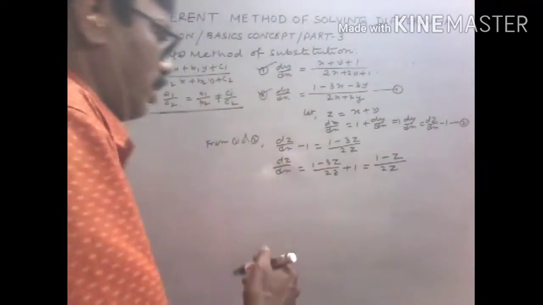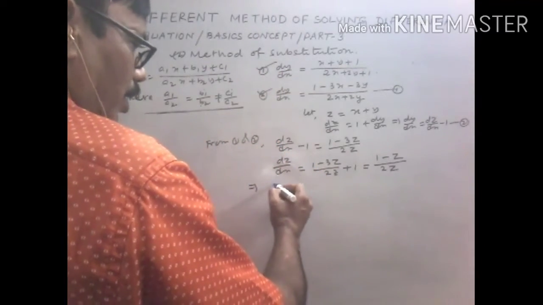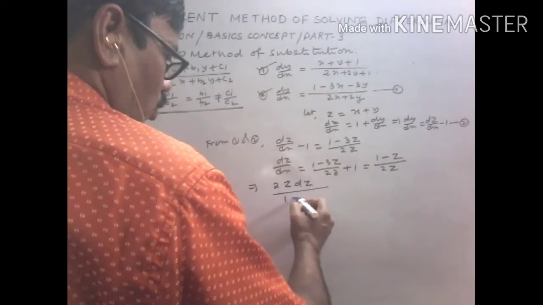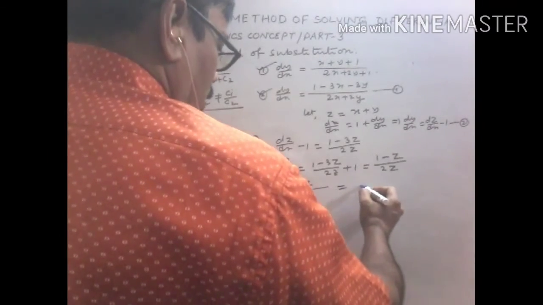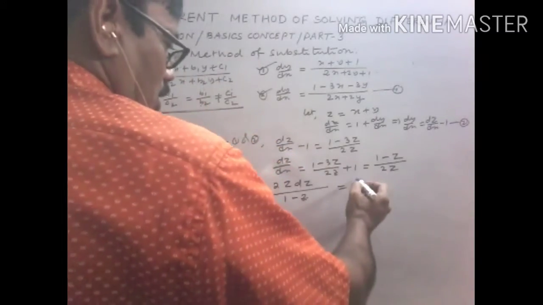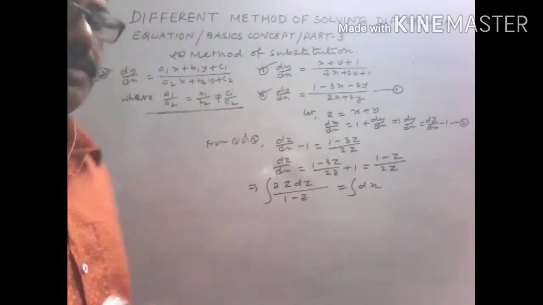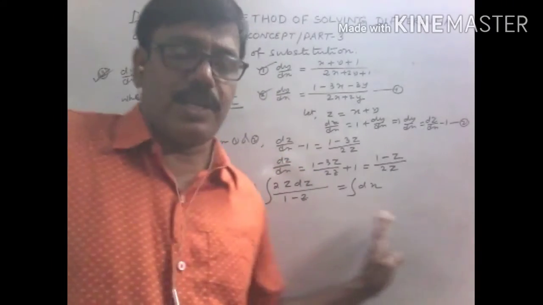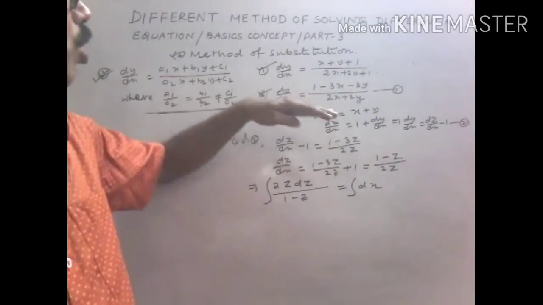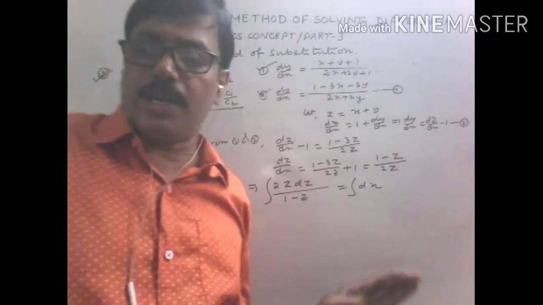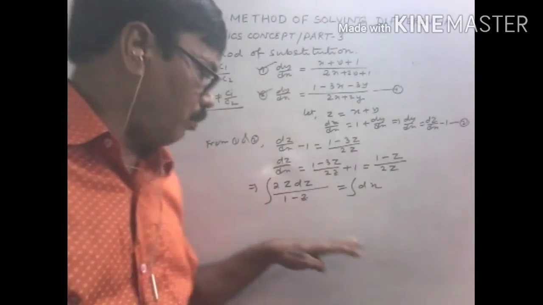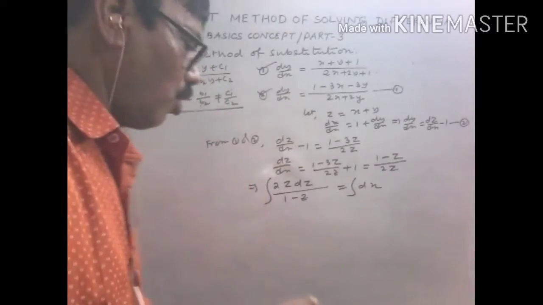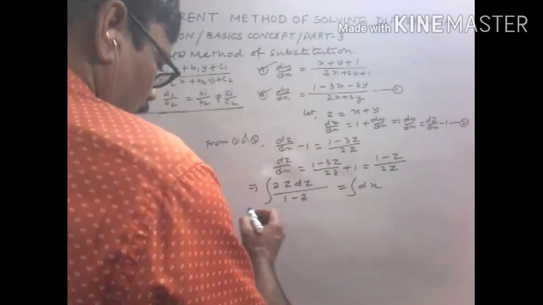So now we have to separate the variables: 2z dz by (1 minus z) equals dx. So here the variables are separated, and we have to integrate it. For a problem of this type, numerator and denominator are of the same degree, so we have to use the division method or inspection method.